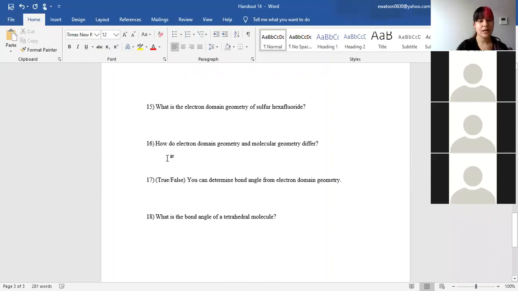How do electron domain geometry and molecular geometry differ? What's the big difference in figuring out which is which?